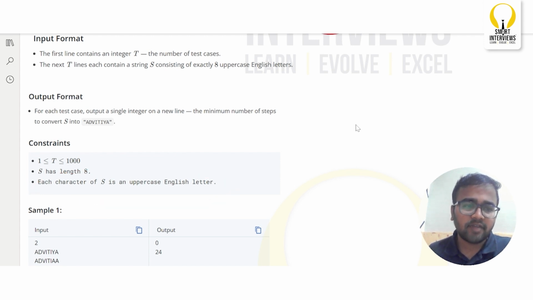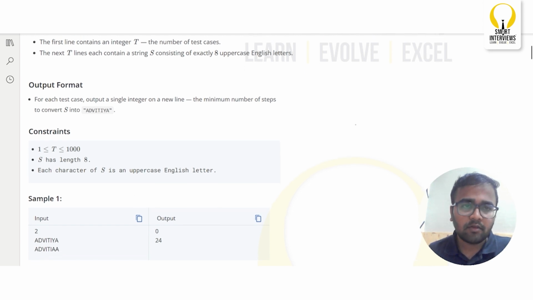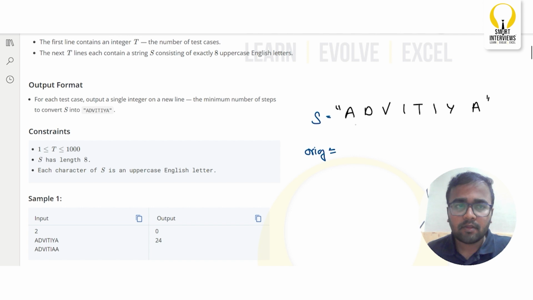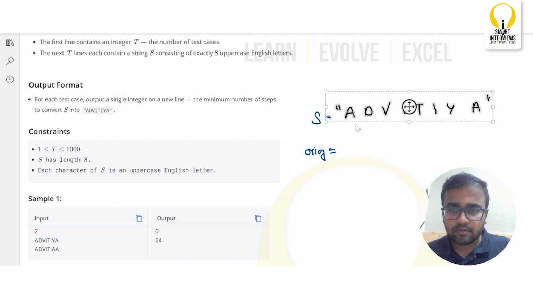So let us understand the problem statement better by taking a sample input. The given string is this, and our original string is this.